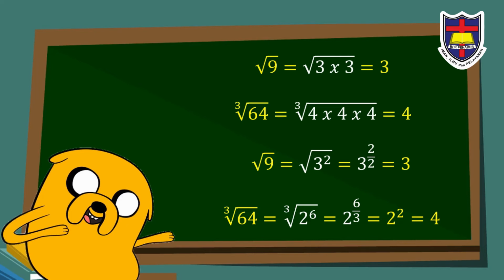So third root of 2 to the power of 6 equals 2 to the power of 6 over 3. 6 over 3 is 2, so we've got 2 squared equals 4. So the example below will be the same as the example above.